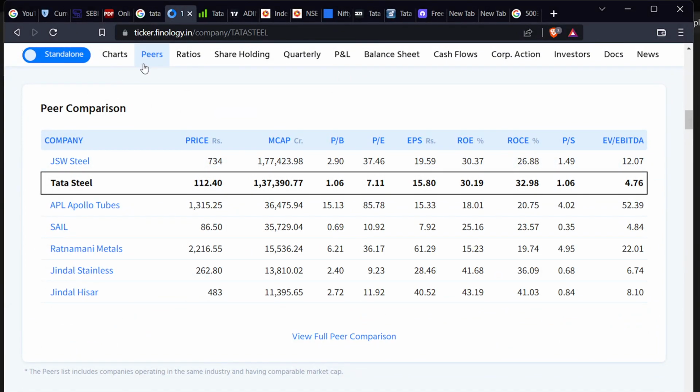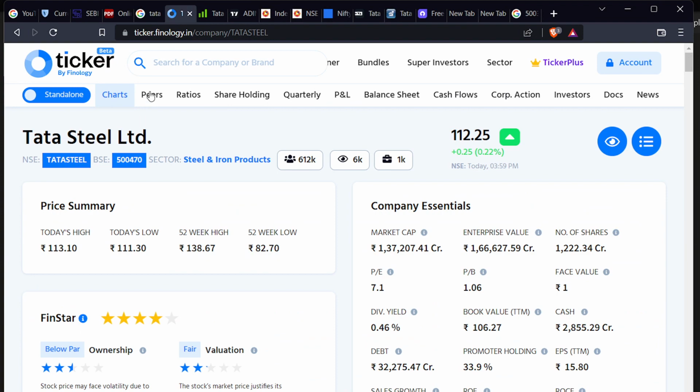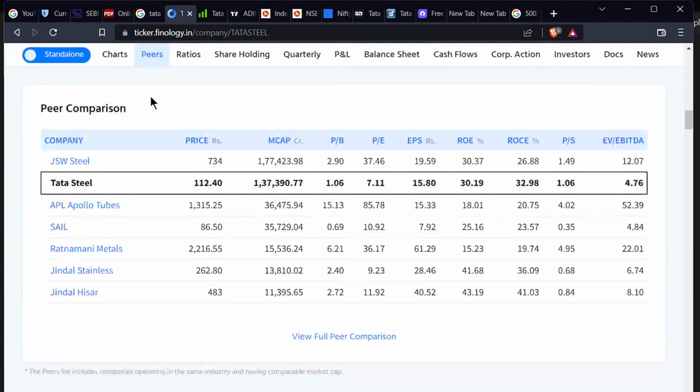This is stainless steel production. This Tata Steel is a steel producing company. When you compare the other steel companies, these are the companies there: JSW Steel, Tata Steel, APL Apollo Tubes, like that, Jindal Stainless Steel, like that. Here you can see the PS value for Tata Steel is 1.06.